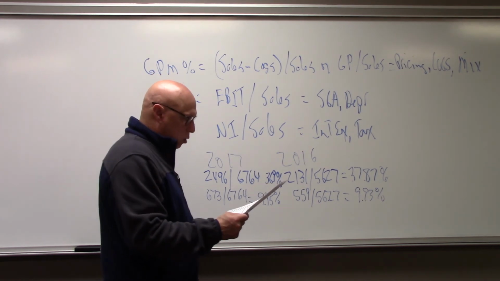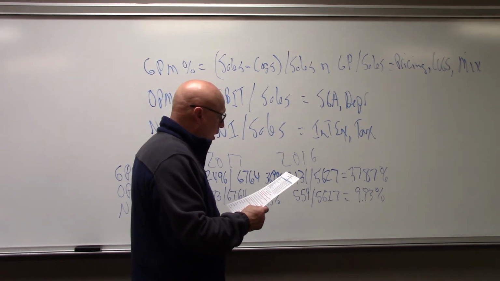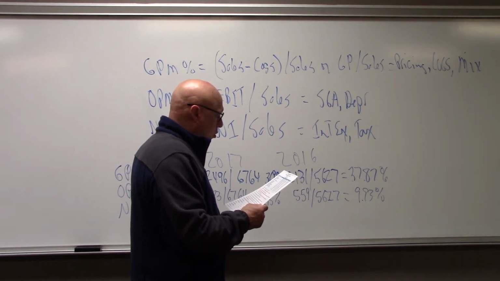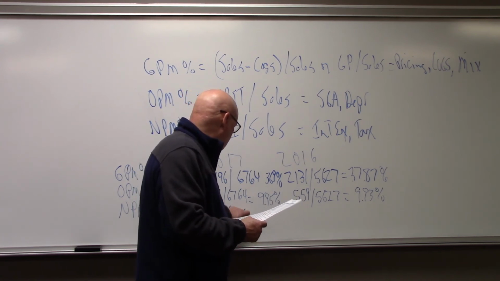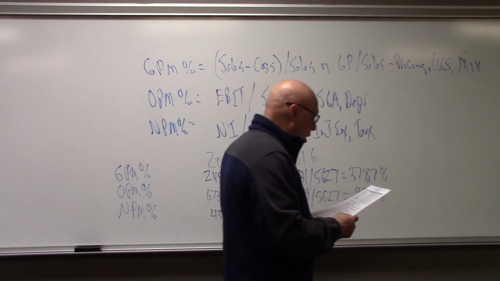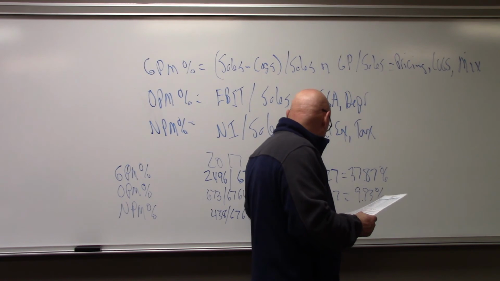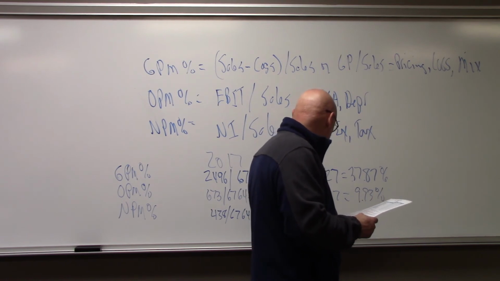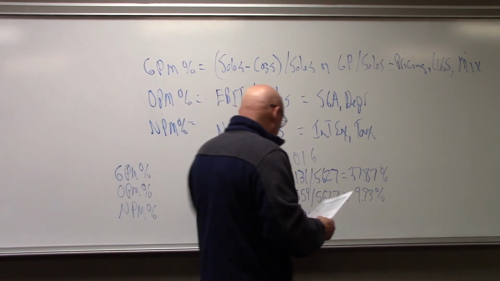All right, net profit margin. So that's going to be net income, which is, we'll call that 438, divided by 6764, and net income of 391 divided by 5627.